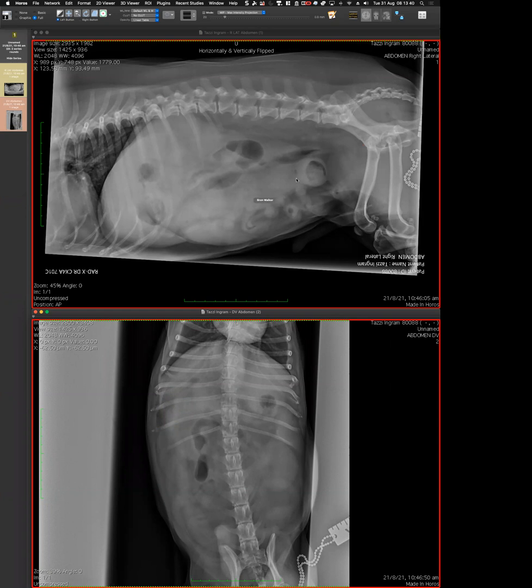I don't know if I'd agree about a ground glass appearance, to be honest. Certainly a loss of detail in this area, but I don't know if it's ground glass. I feel like all of the reduction in, or the mottled opacities look like they're intraluminal on the VD and the DV and the lateral.